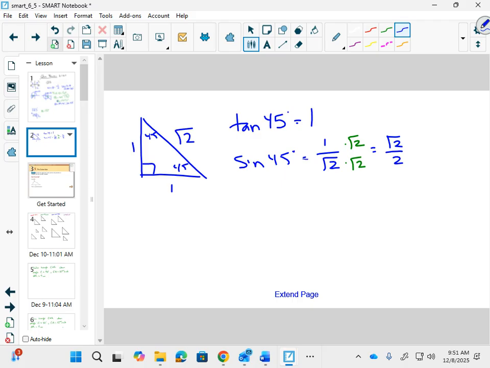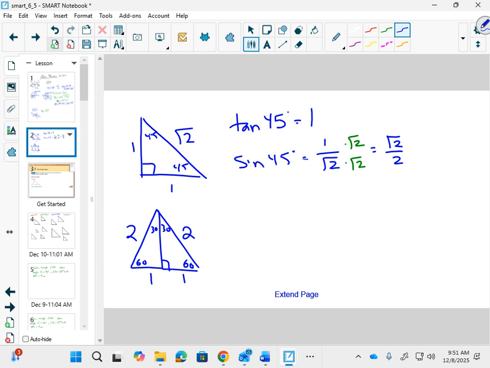And then the 30, 60 special triangle, if you redraw it, it makes it an equilateral triangle. So you could pick any side length you want. We chose 2 because then that broke this up nicely to 1 and 1.